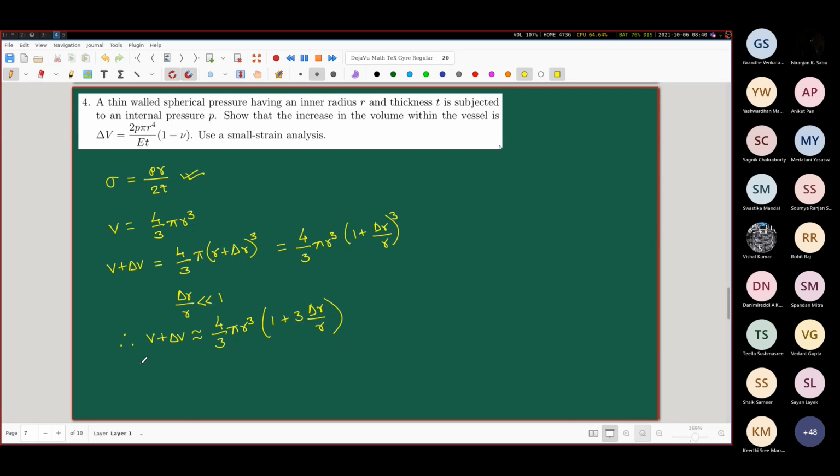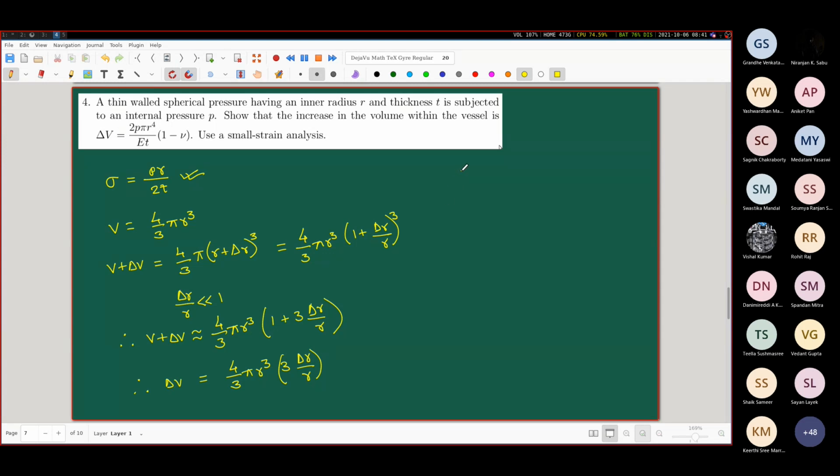Now delta V, that means, V is this 4 by 3 pi r cube. So delta V will be 4 by 3 pi r cube times 3 delta R by R. Now this delta R by R, where can you obtain it from? Generalized Hooke's law.